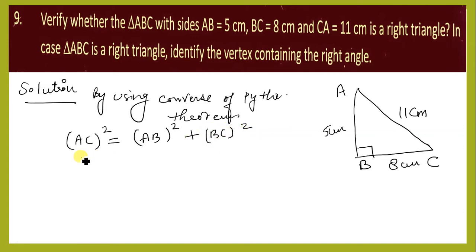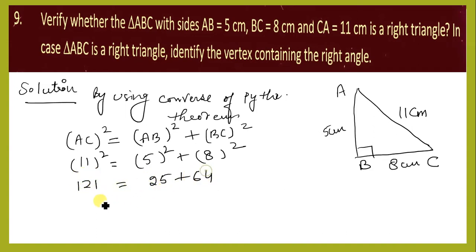Now what is AC? 11 centimeter. What is AB? 5 centimeter. What is BC? 8 centimeter. If they are equal, then only it will hold. So 5 5s are 25, 8 8s are 64. Now this is 121. Now here you can see that 121 is not equal to 89. So this is not a right angle triangle.